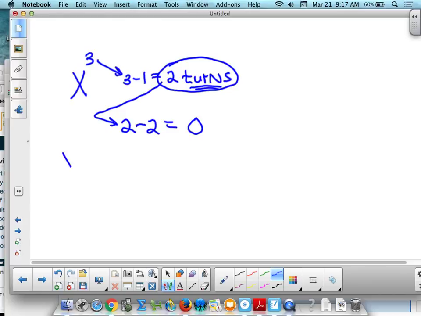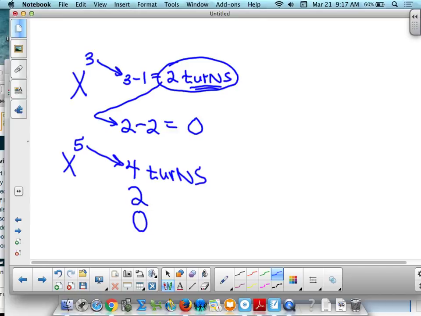So now watch this. X to the 5th could turn 4 times, or subtract 2, 2 turns, or subtract 2 again, 0. The rule is it's every other. So x to the 5th could turn 4, 2, or 0.